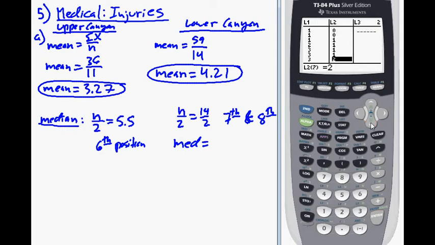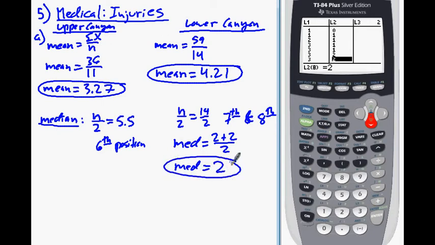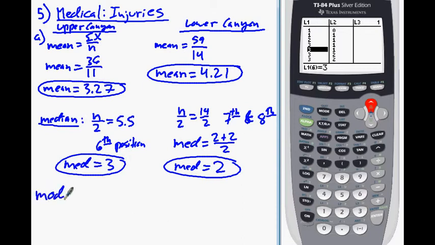That's much better. There's the 8th. So, of course, the 7th is going to be 2 plus 2 over 2, which is, of course, a median of 2. Over in the Upper Canyon, 6th position, looks like 3. So median is 3.